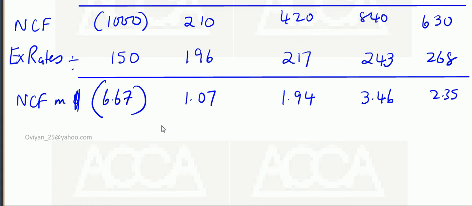Now you have to worry about the next step. The next step is you ask yourself, do you have any implication to domestic cash flows? Do you have local tax? In this question, no. Did we receive any royalty income?